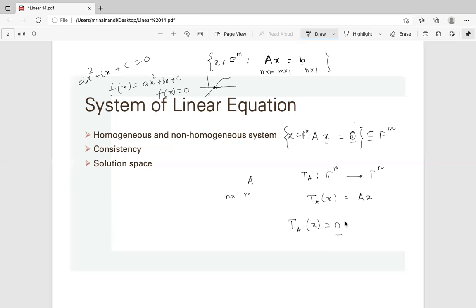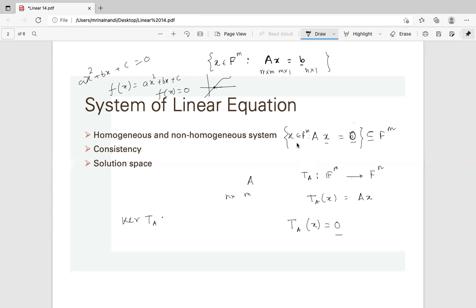That means it is the kernel of T. The solution is nothing but the kernel of this linear transformation.